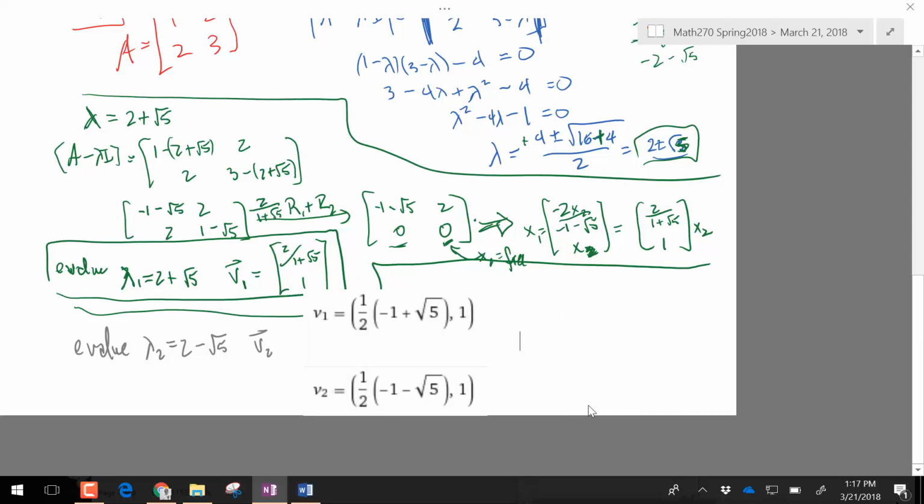And so these are their vectors. They wrote the vectors as row vectors.